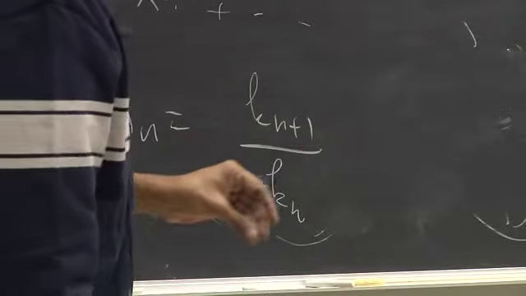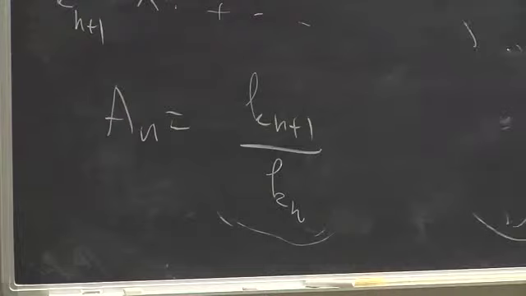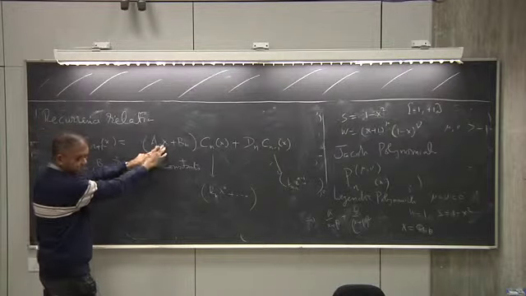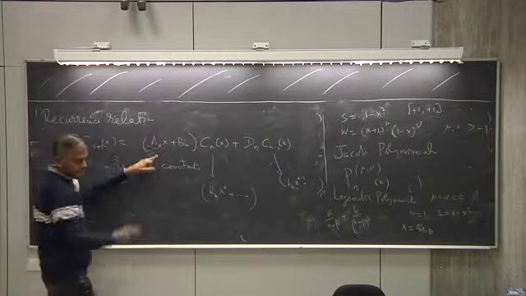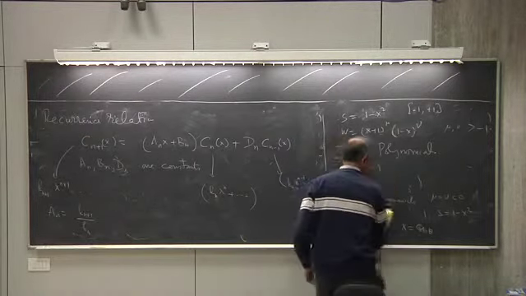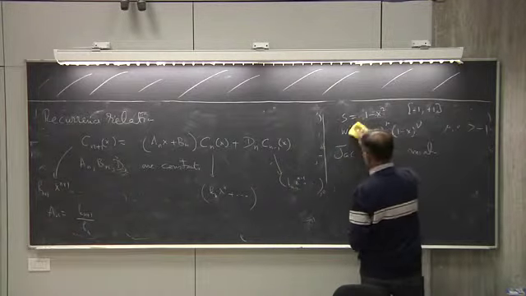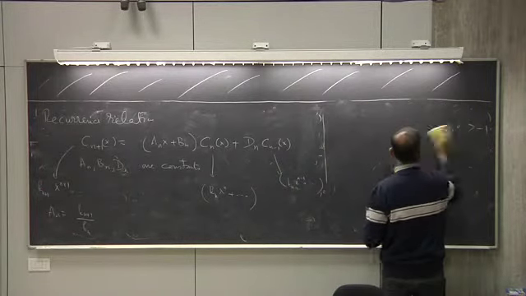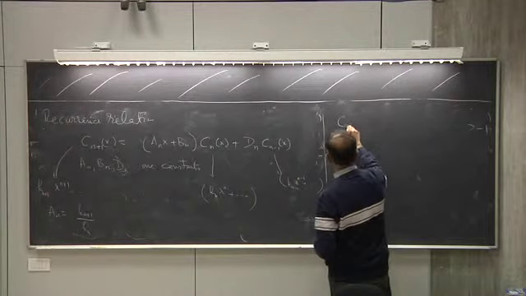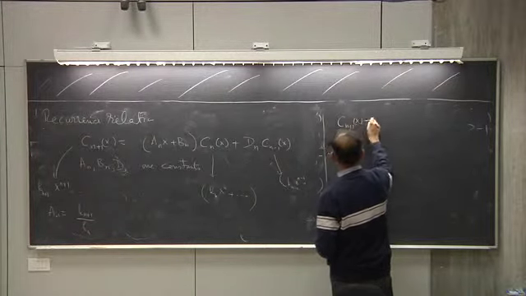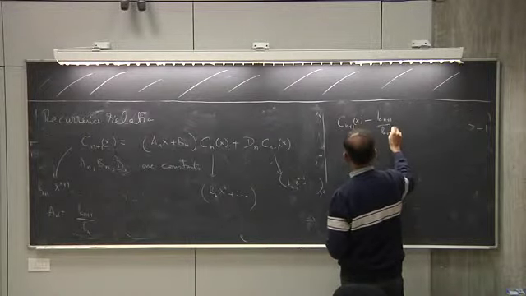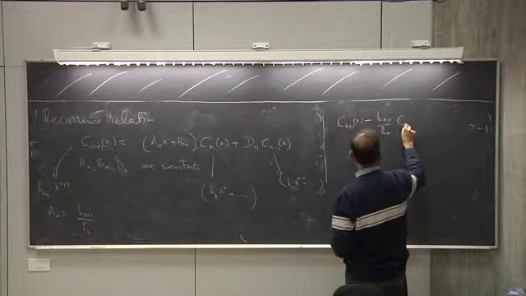So let's consider this combination then. Let me take the first term on the other side. So let me consider Cn plus 1 of x minus k(n plus 1) divided by kn times x times Cn of x.